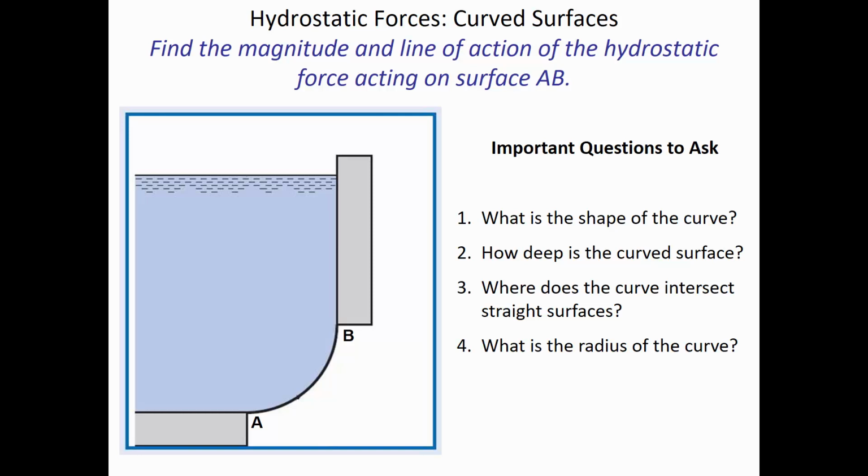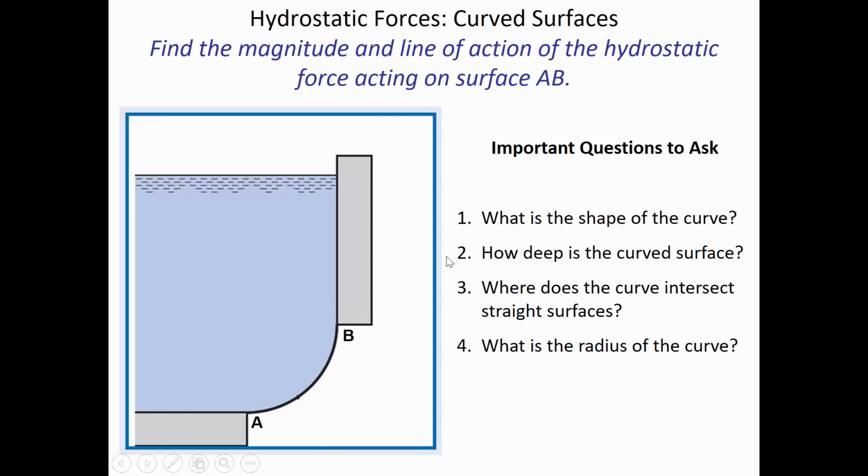It could be a circular gate, or it could be hemispherical. You have to look at the problem statement, look at it from another view to know for sure. And the forces generated are going to be wildly different if it's a hemisphere versus a circular shape. So you have to think about the shape and the geometry of the curve.